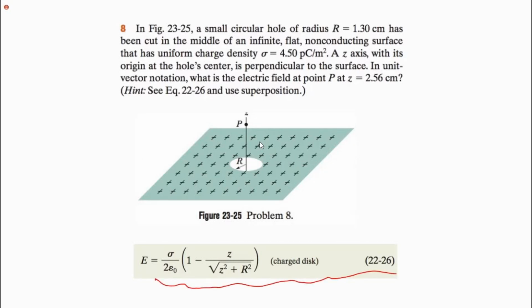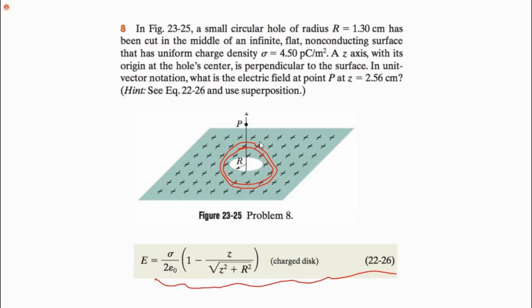If you use the very traditional way, you can integrate. What is the electrical field generated by a line circular charge? Then you integrate the electrical field generated by the circular charge from R to infinity, and you will achieve the final answer.